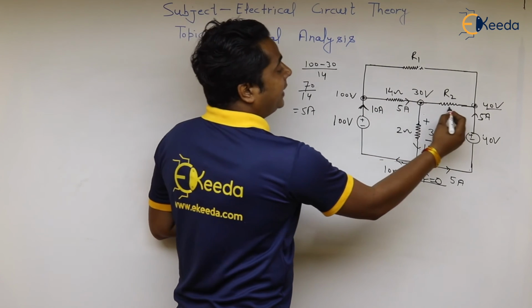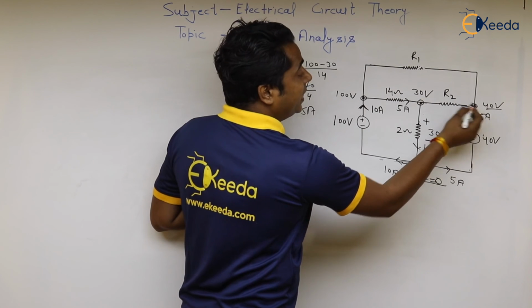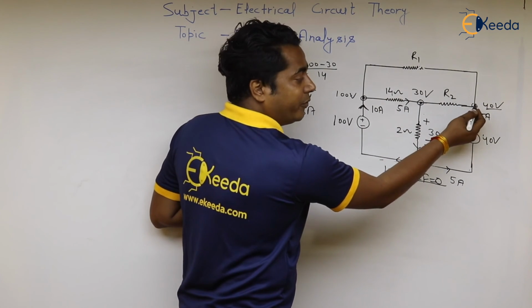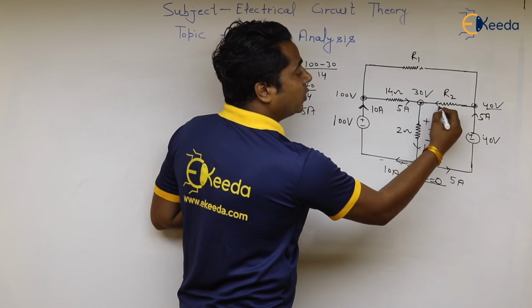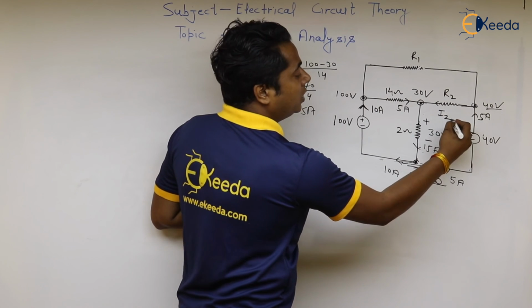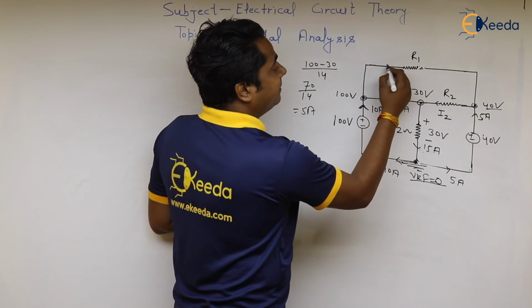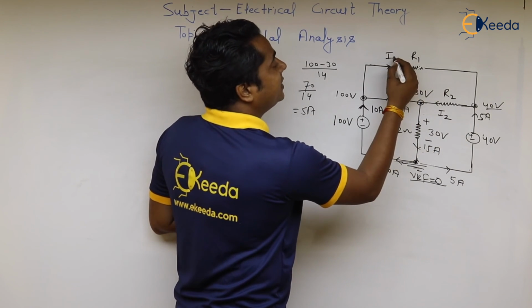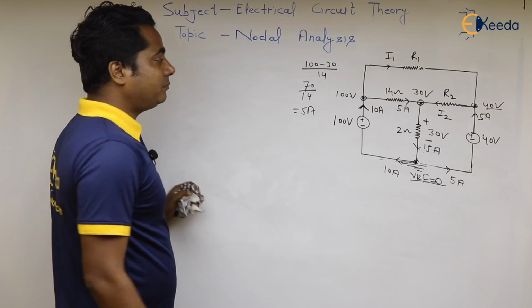And here the voltage is 40 and here it is 30, so we can understand that the current will flow from 40 to 30 volt side. So we will assume the value of this current as I2, and this I1 in this direction, because this is 100 volt and this is 40 volt. Now we can apply the KCL.